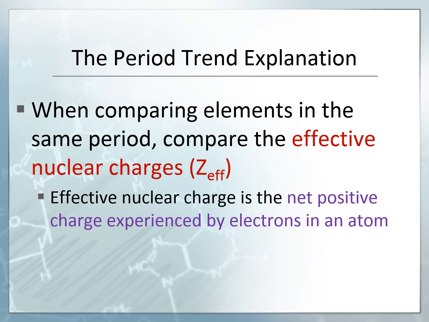For explanation of periodicity across the period, the main factor is effective nuclear charge. This means that if the elements are in the same period, you need to discuss effective nuclear charge. Effective nuclear charge is the net positive charge experienced by an electron in an atom.